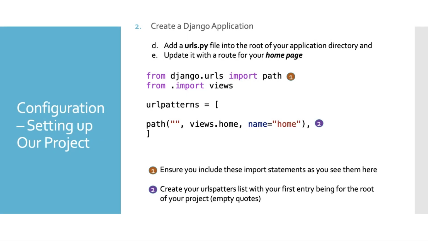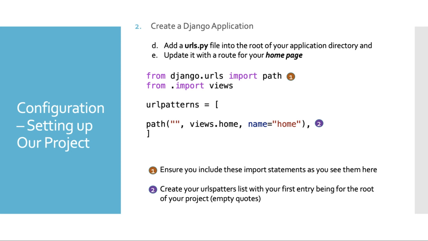Now, of course, every Django project has a urls.py for your application. It has not been created yet, so we want to create a urls.py in the root of your application directory and then update it with our first route, which is going to be for a home page. It's going to look very similar to the urls.py that we created before.